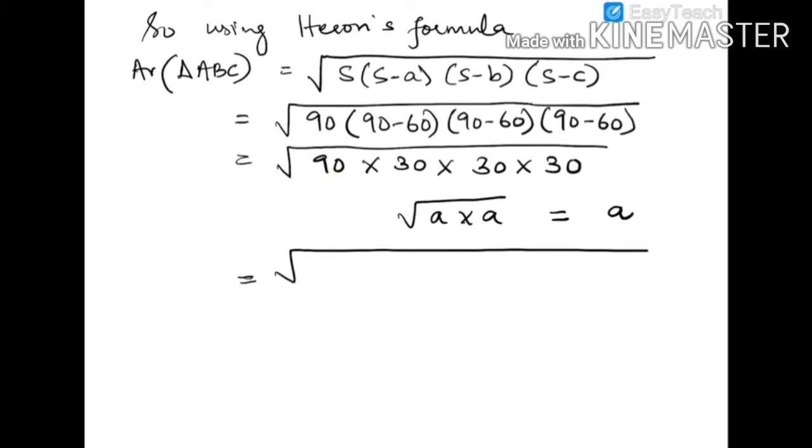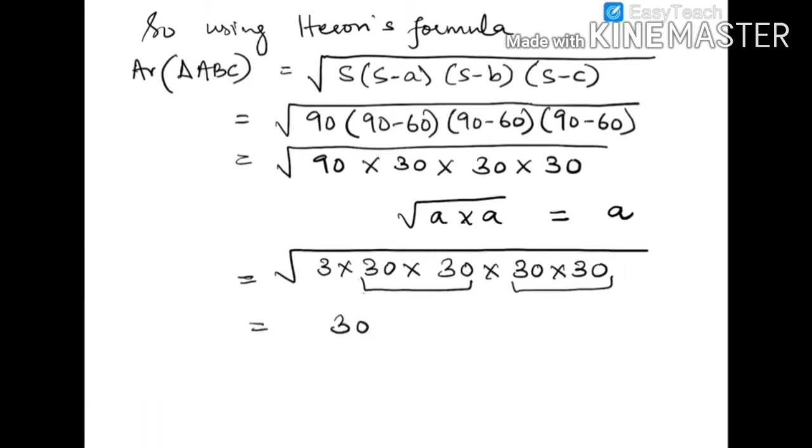So we can split 90 further into 3 into 30, and we can copy down the remaining numbers. So now we have two pairs of identical numbers which can be written out of the square root.